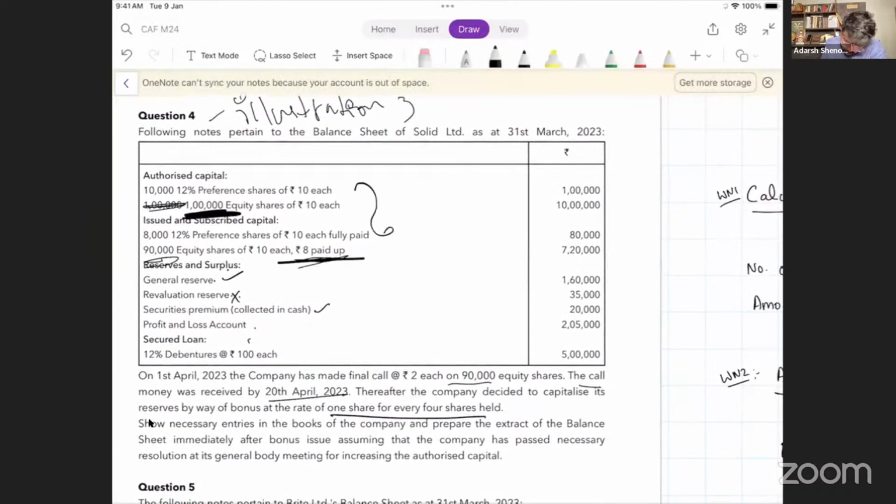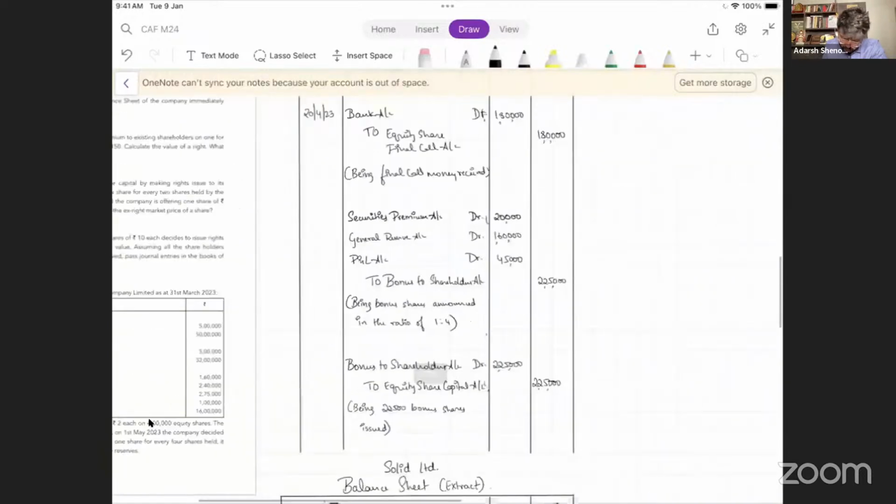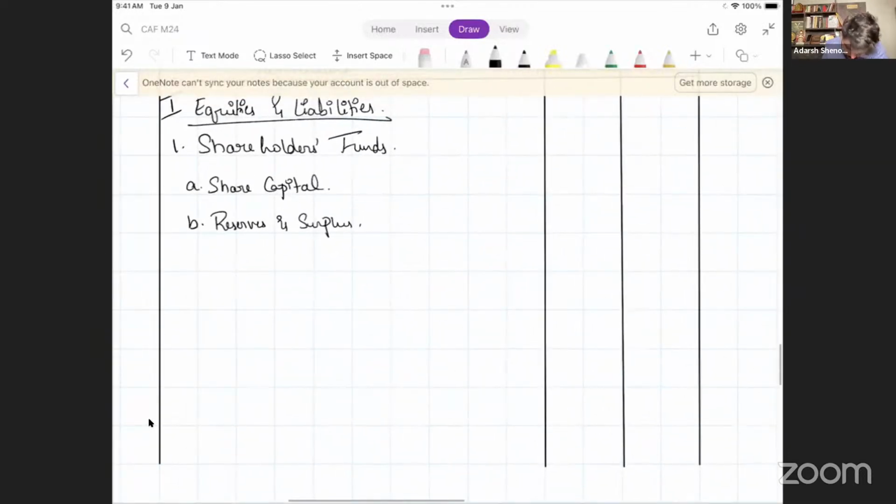So all this will come under the share capital note. Now we will do the note for share capital. Reserves and surplus will come there. Then there is this, which will come under non-current liabilities: debentures.